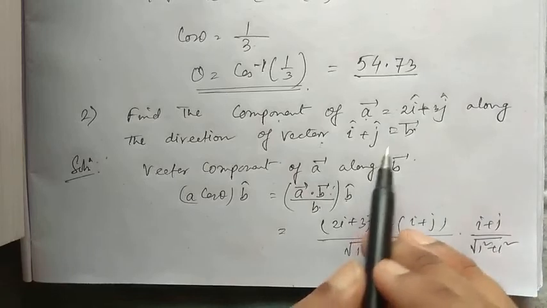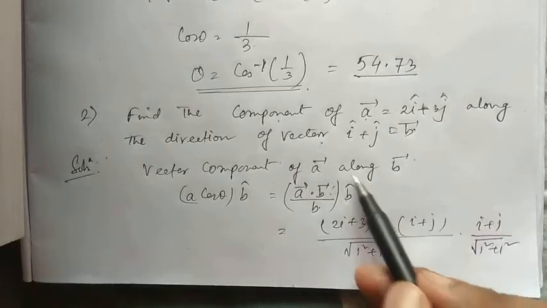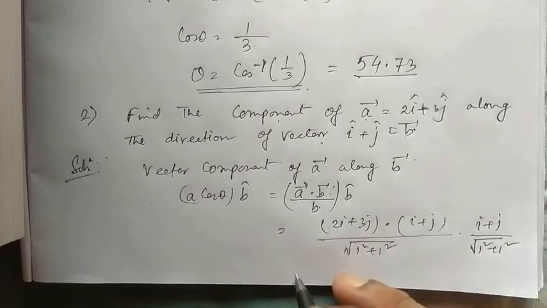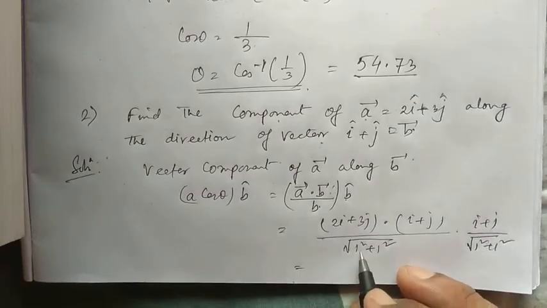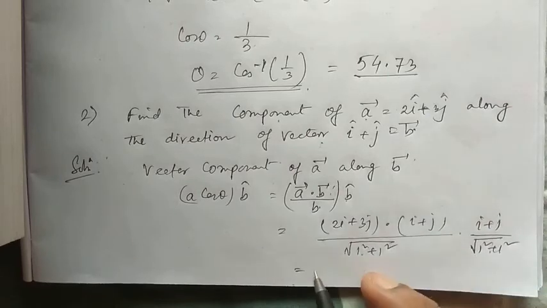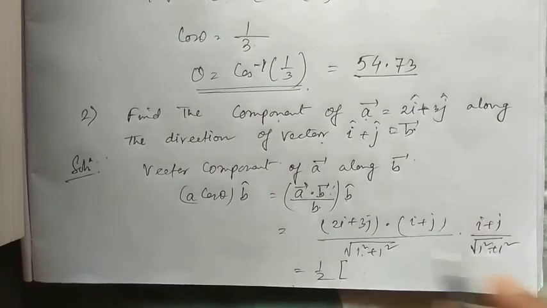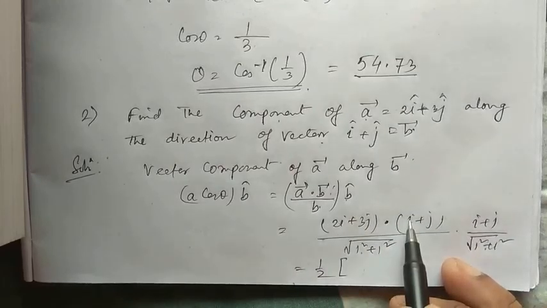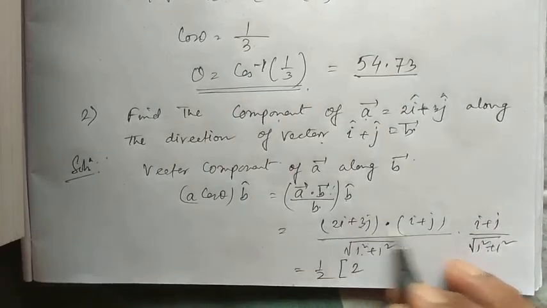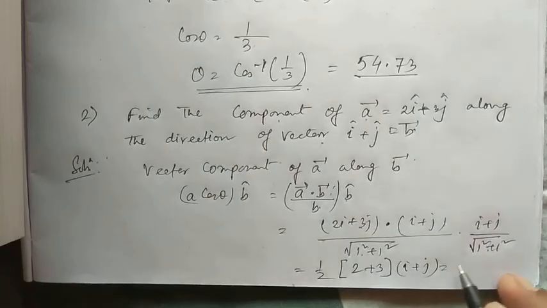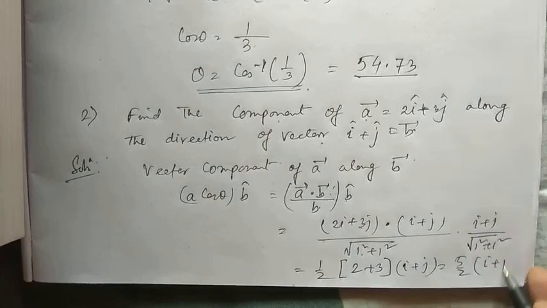Now what is the procedure of finding the unit vector? The original vector divided by its magnitude. Now these two, this comes out to be root 2, this also comes out to be root 2. So this is half. The dot product of 2i plus 3j and i plus j: i and i get multiplied, so it is 2, and 3, so it is 5. So it will be 5 by 2 into i plus j.